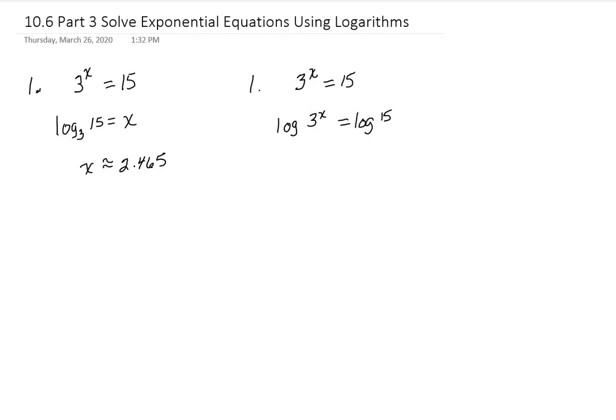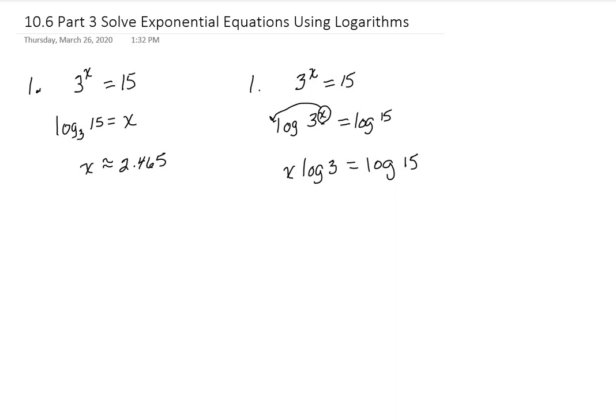So from here, I use my power rule for logarithms, and I take this x and bring it up front of my logarithm. So I'm going to have x times the log of 3 equals the log of 15. Now, log 3 is just a number, just like 4 or 6, right?